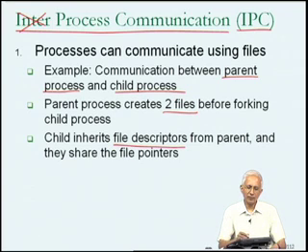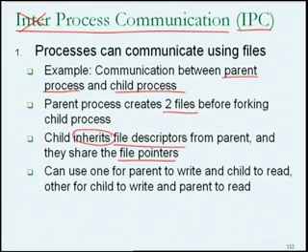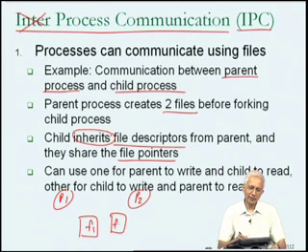We'll learn more about file descriptors and file pointers later, but for the moment it's enough to understand that as part of the fork system call, the child will inherit enough information about the two files that its parent had created, so that subsequently the parent and the child can communicate by using one of the files for the parent to write and the child to read, and the other for the child to write and the parent to read. So the idea is there's process P1, which is the parent, process P2, which is the child, and there are two files, file 1 and file 2.